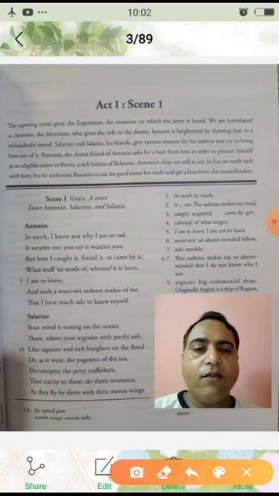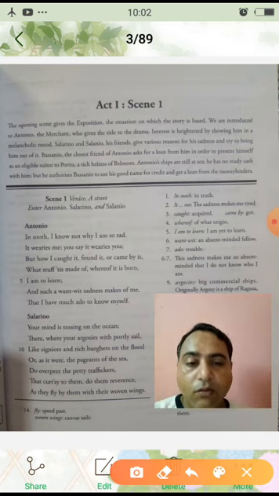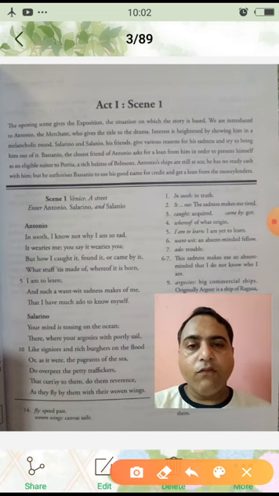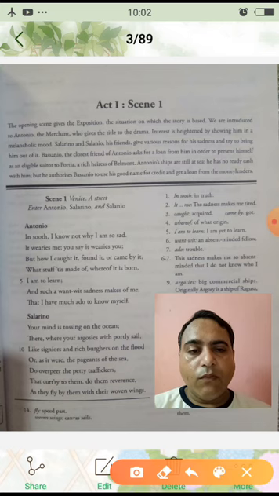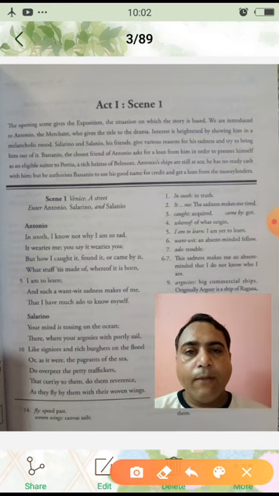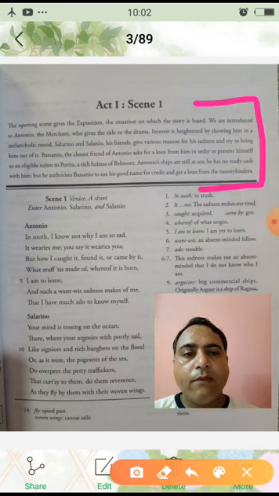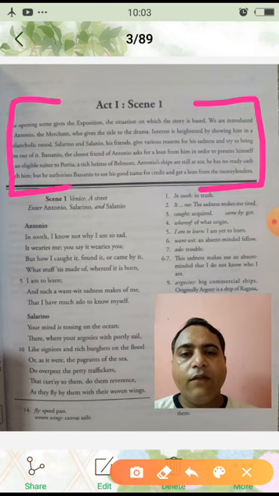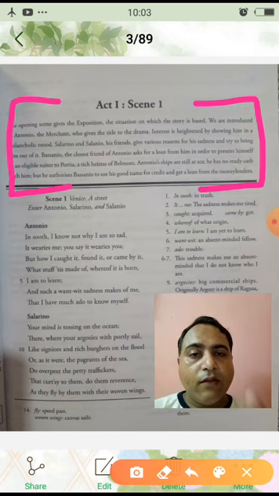Now, as Shakespeare is new for you in the course, you have to keep a few things in mind. Let me tell you first and then we shall start the explanation. Now, what is given here, like this first paragraph given in the beginning of all the scenes.